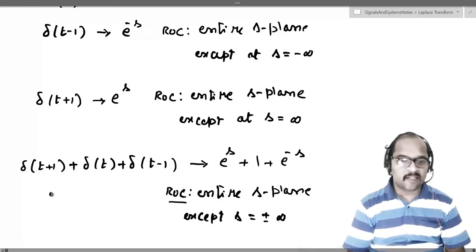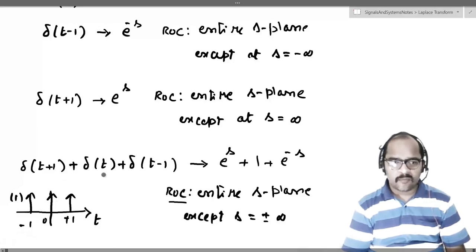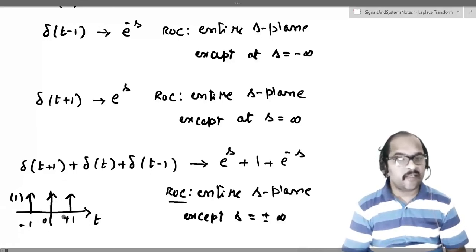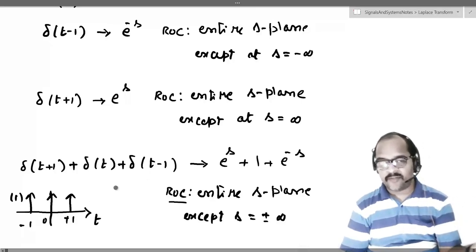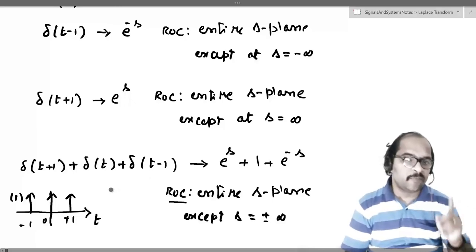If you look at the signal, is it a finite duration signal? This signal, delta of t plus 1 plus delta of t plus delta of t minus 1, will look like this. Is it finite duration? Yes. And is it absolutely integrable? Yes. Why? If you take the integral, you have 3 Dirac delta functions, each with area 1.